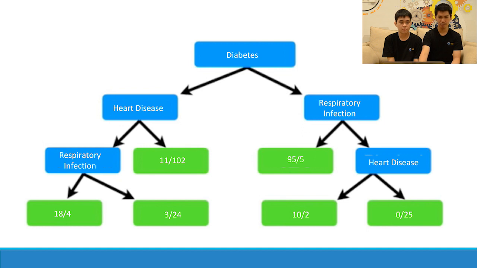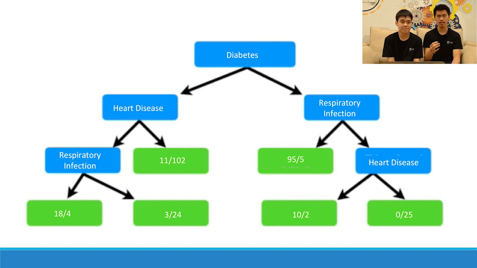In this example, we need to know that a decision tree consists of three different types of nodes. The top one is called the root node. The middle one is just called a node, and then the bottom ones, usually at the end of the tree, are called leaf nodes.